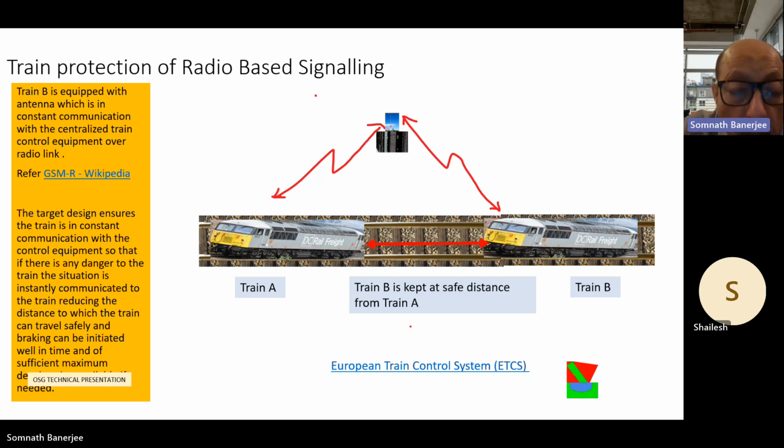They are actually radios which work to the specification known as GSM-R, and the train control system is continuously aware of the position of each and every train to a degree, because there are some errors inherent when evaluating the position of a train, and therefore the control system can never be 100% sure of the exact position of a train.